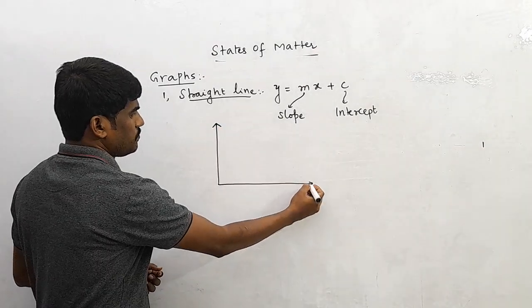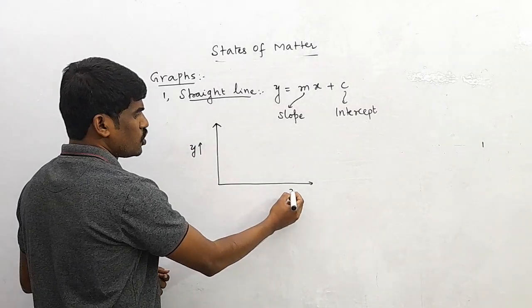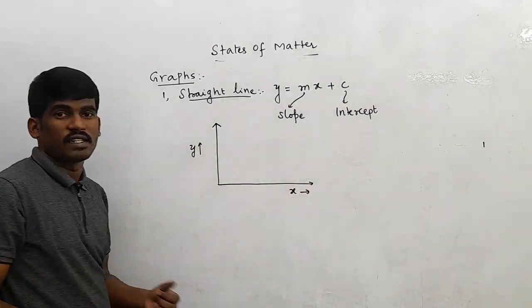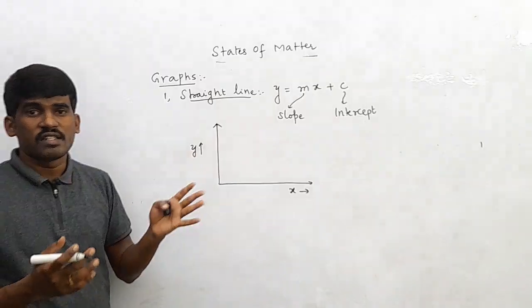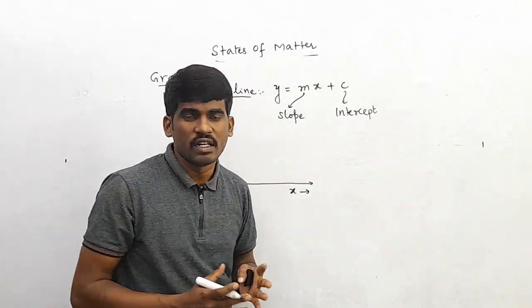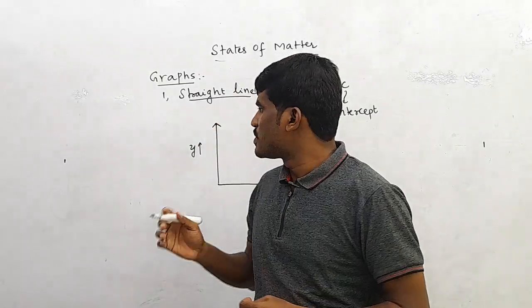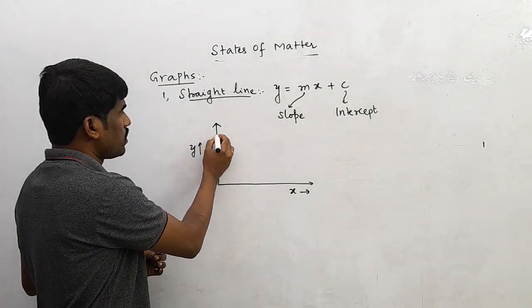And the y component should be taken on the y axis and the x component should be taken on the x axis, right? As I mentioned, it is the equation of a straight line graph. In that graph, what kind of graph is possible?